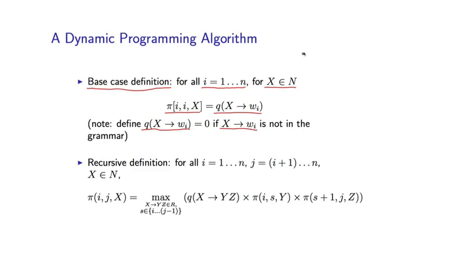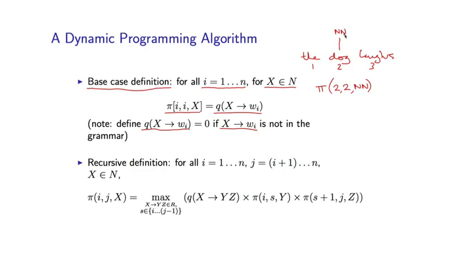So let me give you a concrete example. If we have the dog laughs, words 1, 2, 3, and I want to compute pi of 2, 2, NN, this is going to be the highest probability for any parse tree with NN as its root, spanning words 2 to 2 inclusive. There's only one way of doing this.